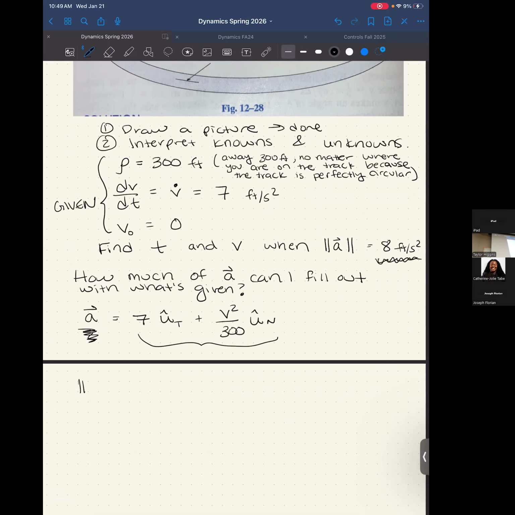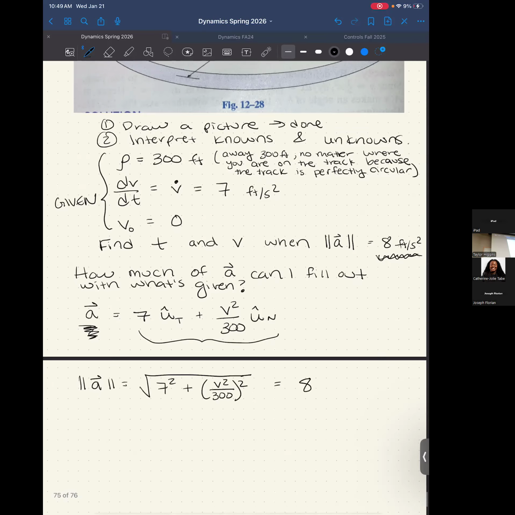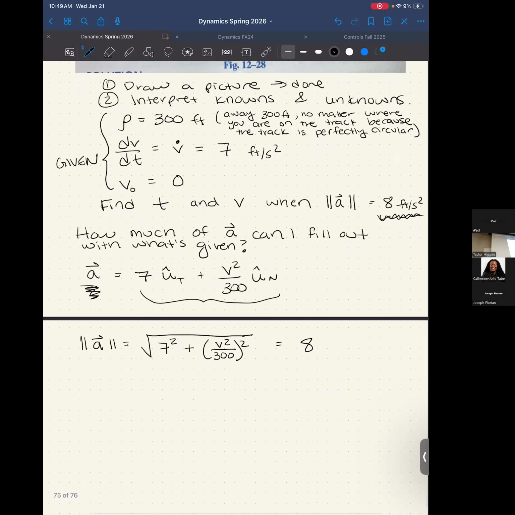Okay, so the magnitude of acceleration is going to be the square root of each component squared. So 7 squared plus v squared over 300 quantity squared. Set that equal to 8. And now all that's missing is v. Okay, so I can solve this expression for v.